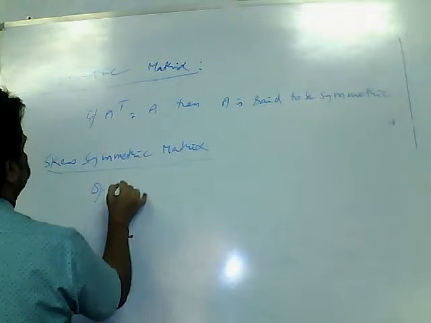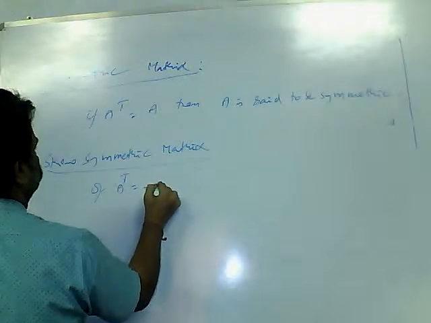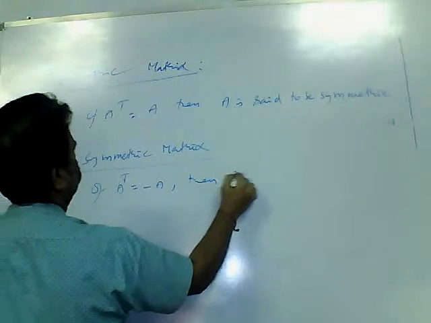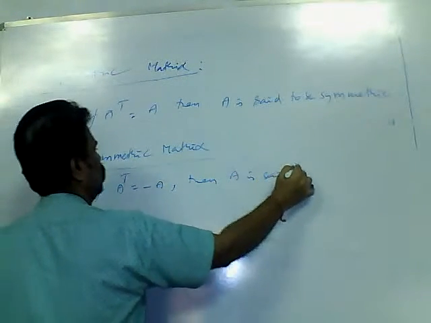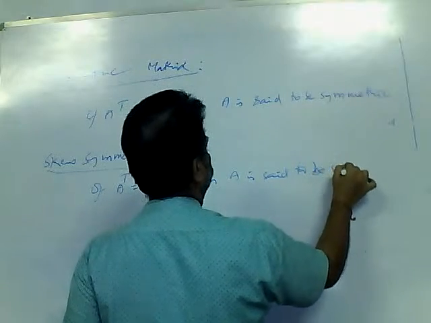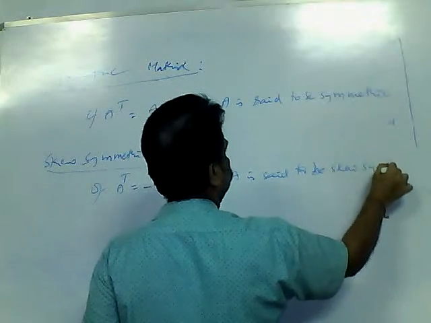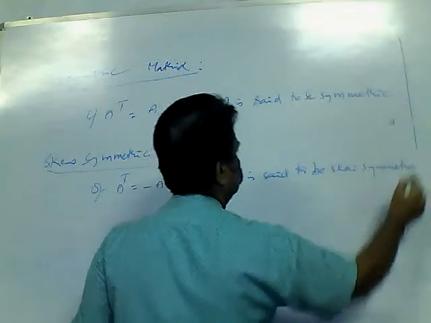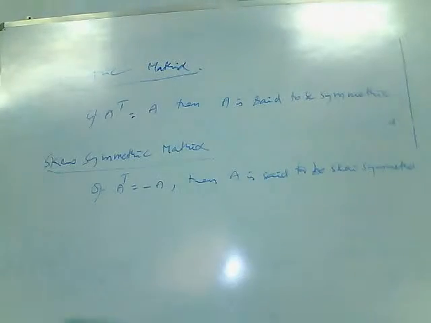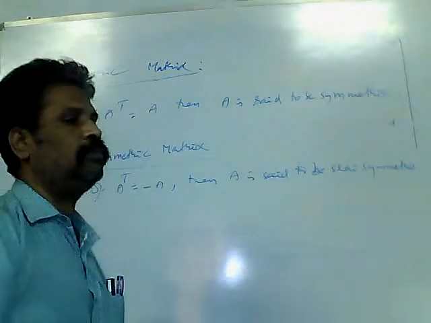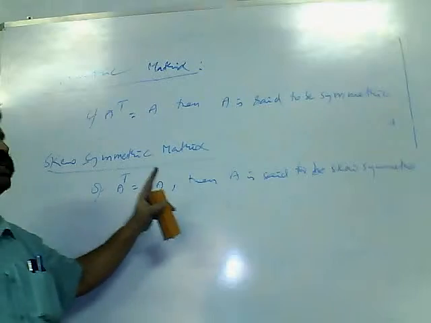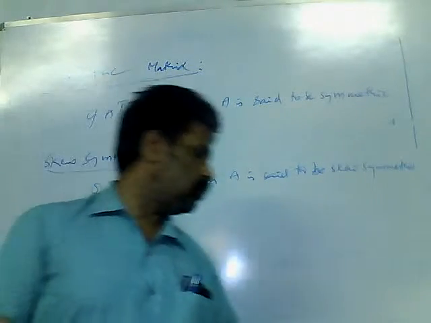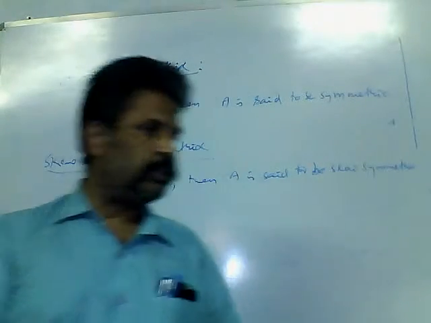If A transpose is equal to minus A, then A is said to be skew symmetric. We'll have a question on this part. This should be important: verify whether they are symmetric or skew symmetric. You have to verify them. So A transpose equal to A is symmetric, and A transpose equal to minus A is called skew symmetric. I'll tell you an example of that.